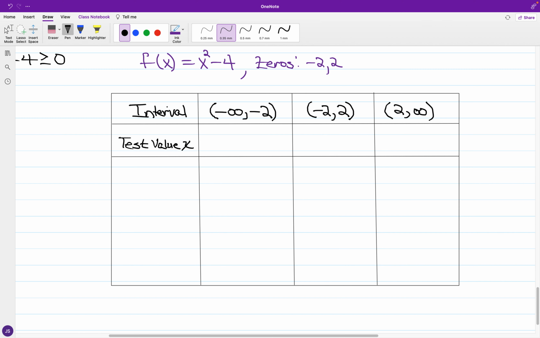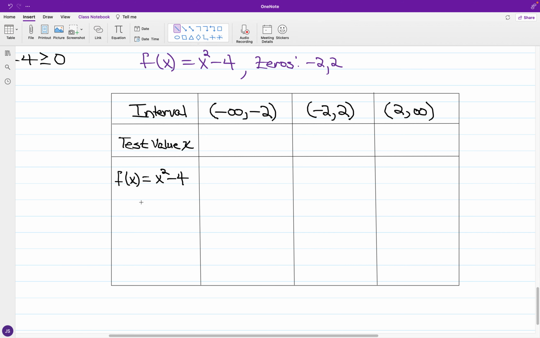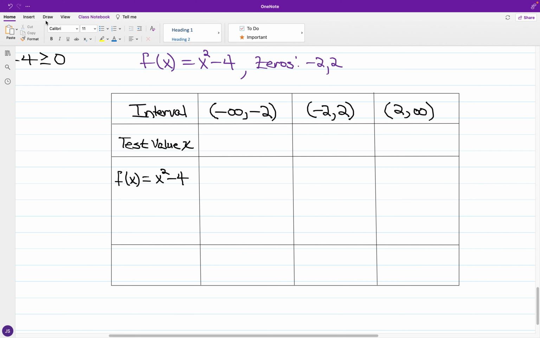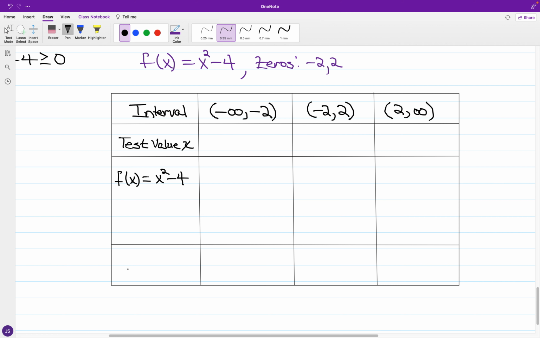Again, with our function, we have f of x is equal to x squared minus 4, and also looking at the sign of f of x.